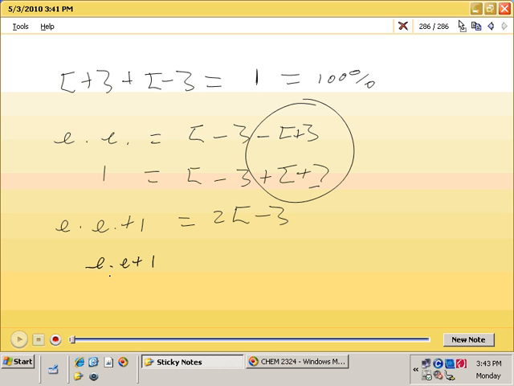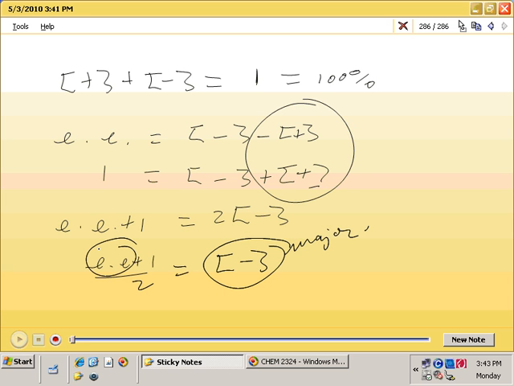Then when I divide through by 2, I get that the concentration of the major enantiomer, which in the problem I was giving you was the minus enantiomer, must be the enantiomeric excess plus 1 over 2. And that's why I wanted you to learn what enantiomeric excess is.